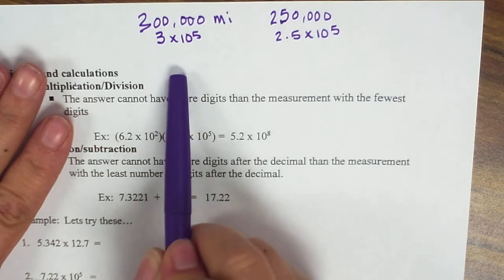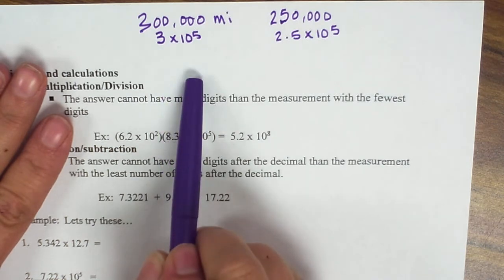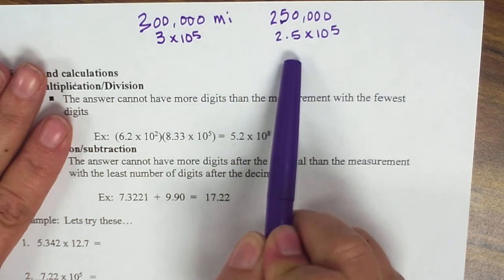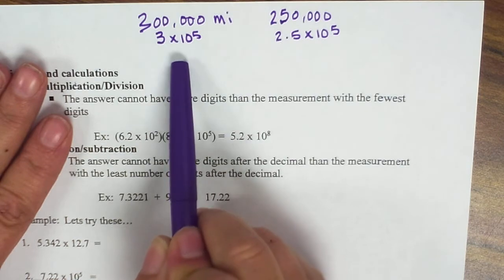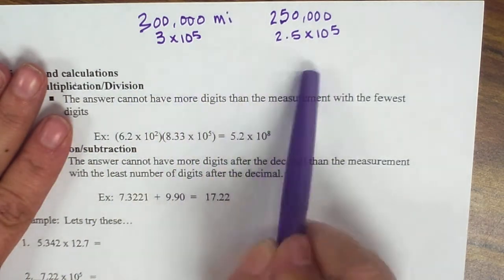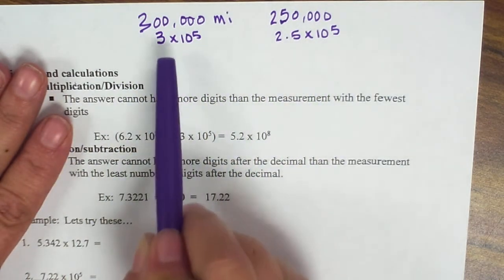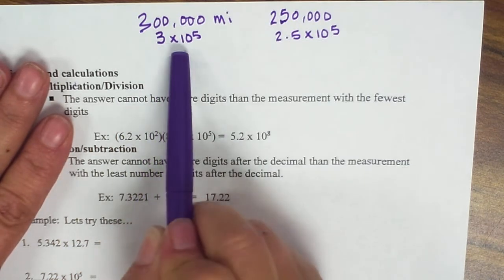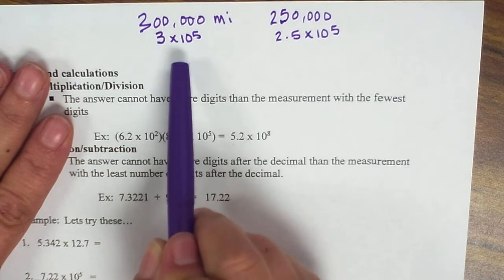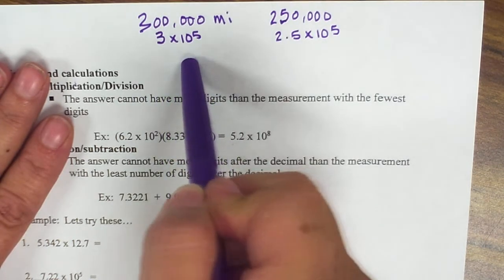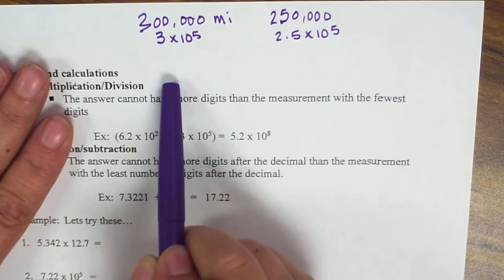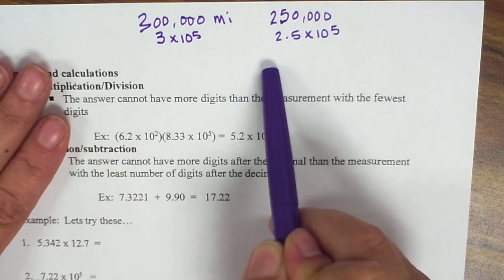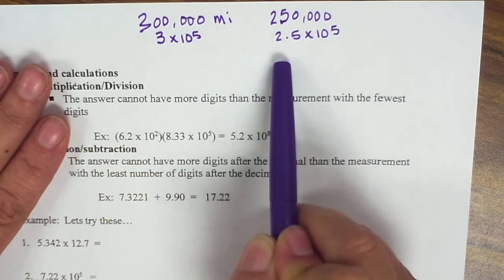It's way vaguer. This measurement is much more vague than this measurement. Are we agreed? And so therefore, the same calculation could be run with these two numbers, but this one would be far less likely to be correct because this number is far less likely to be correct, simply because it is rounded off to the 100,000 place, and this one is rounded off to the 10,000 place. This one is more precise.